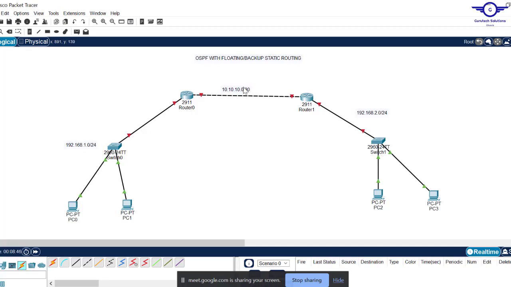So with /30 notation, the first IP address here will be 10.10.10.1, then the second one will be 10.10.10.2. So .3 will be broadcast. There are only 2 usable IP addresses. Okay, so I'll do it very fast.